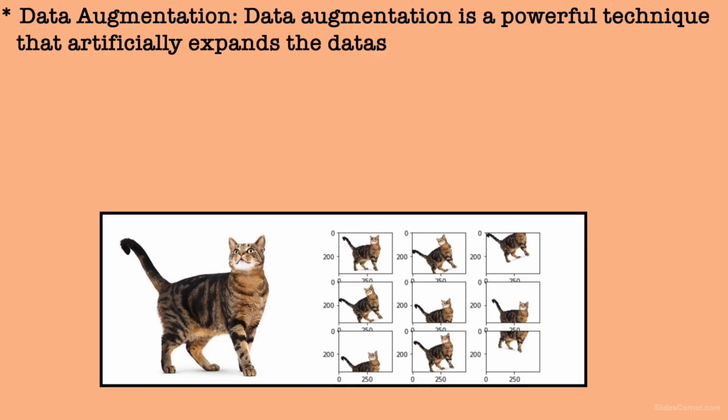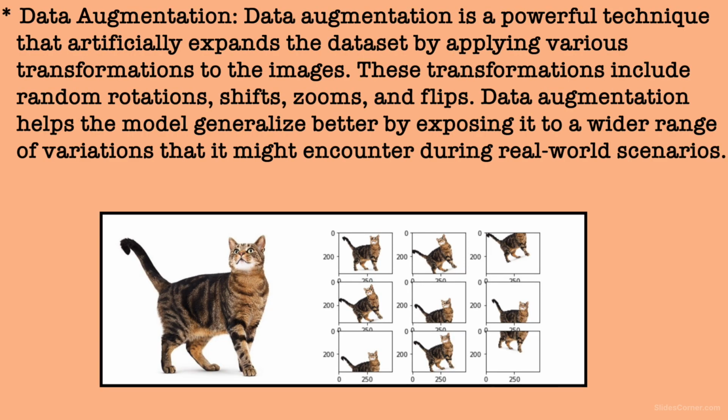So, next is data augmentation. Data augmentation is a powerful technique that artificially expands the data set by applying various transformations to the images. And why is it required? Because we need to expand the data. For deep learning, we have to include a huge amount of data for better accuracy.